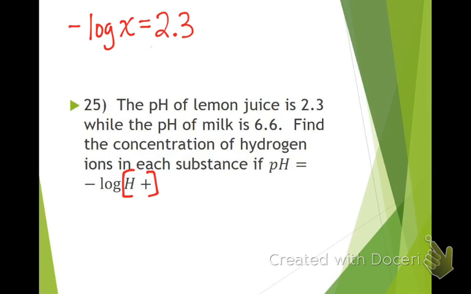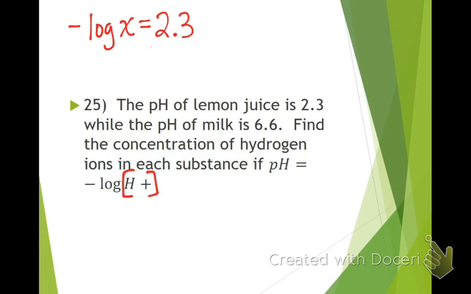Okay, based on the way that they wrote this formula, and how we wrote it up here, what is our base? Anytime we see a log and there's not a base written, we have to know that it's a base of 10.